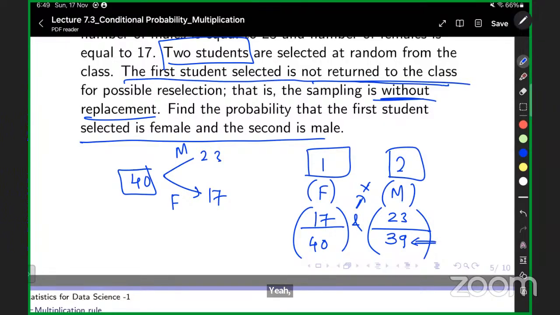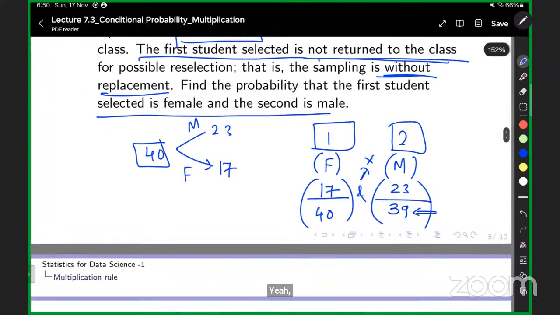Let's see what will happen if my first student is female and the second is also female. How will you figure this out?